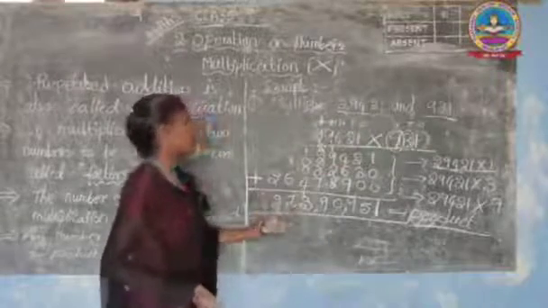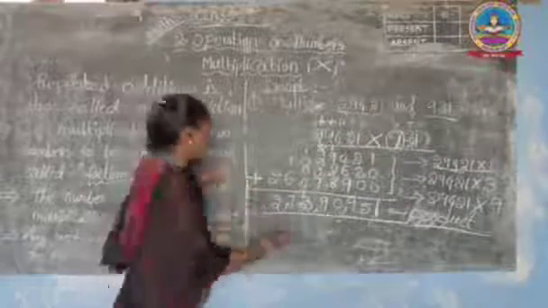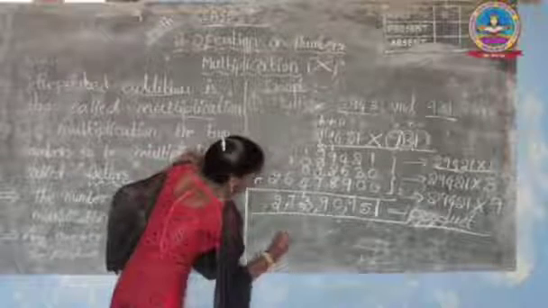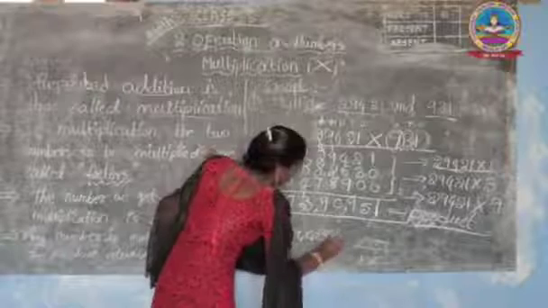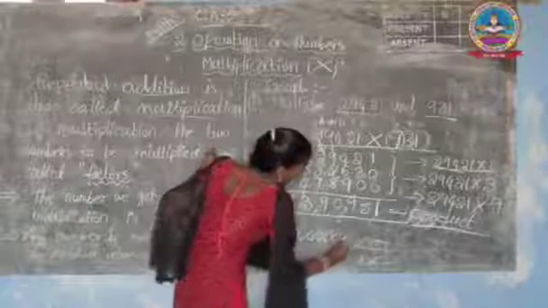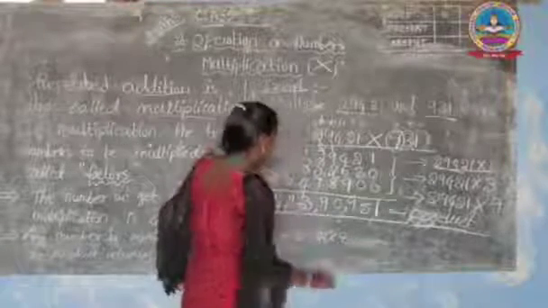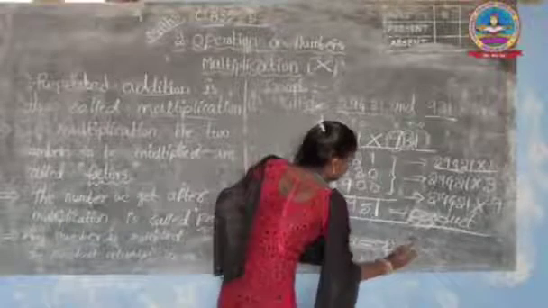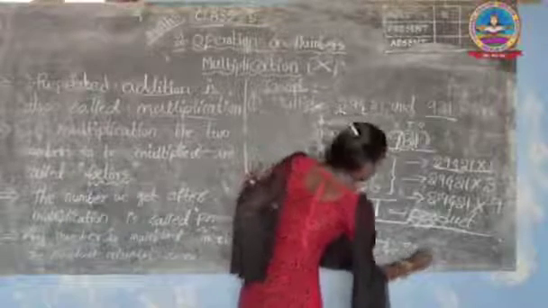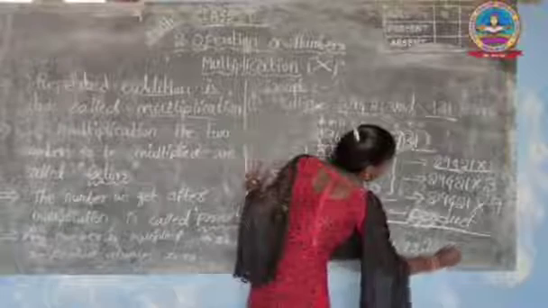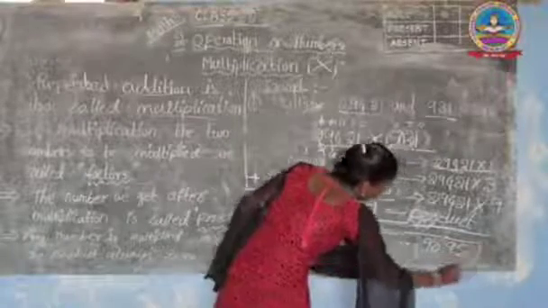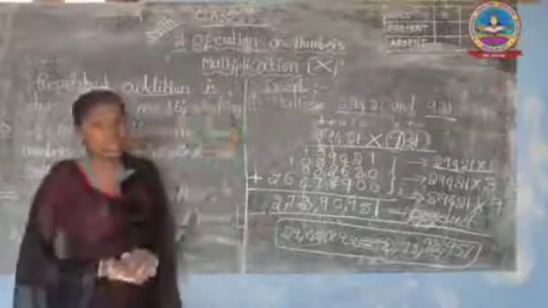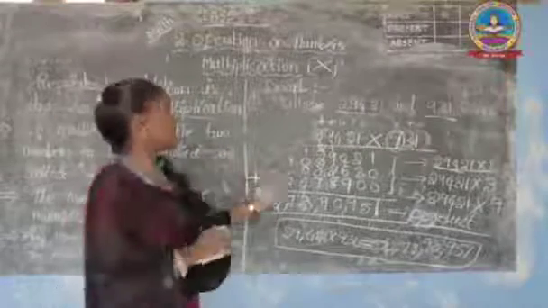Therefore 29,421 multiplied by 931 equals 2 crores 73 lakhs 90,951. So this is the multiplication statement. This is the process to multiply the given numbers.